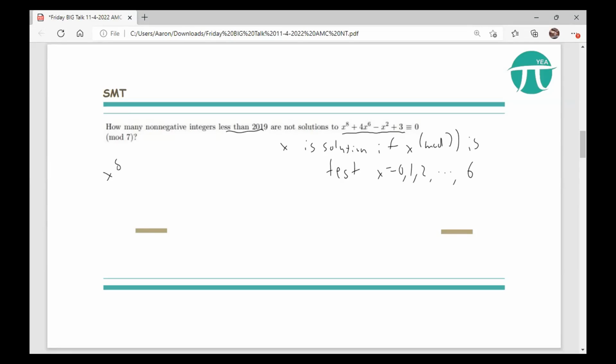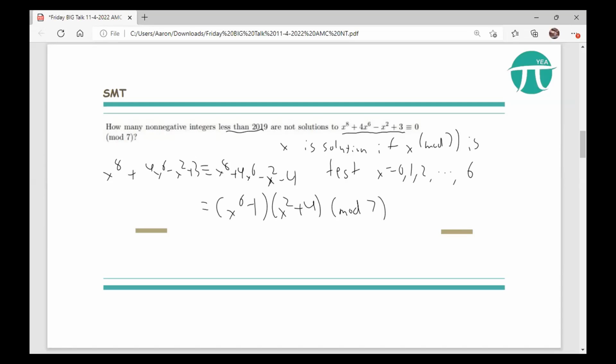So x to the 8 plus 4x to the 6 minus x squared plus 3 is equivalent to x to the 8th plus 4x to the 6th minus x squared minus 4. And now you can see a pretty pattern here, which means that this is equal to x to the 6 minus 1 times x squared plus 4, all mod 7.